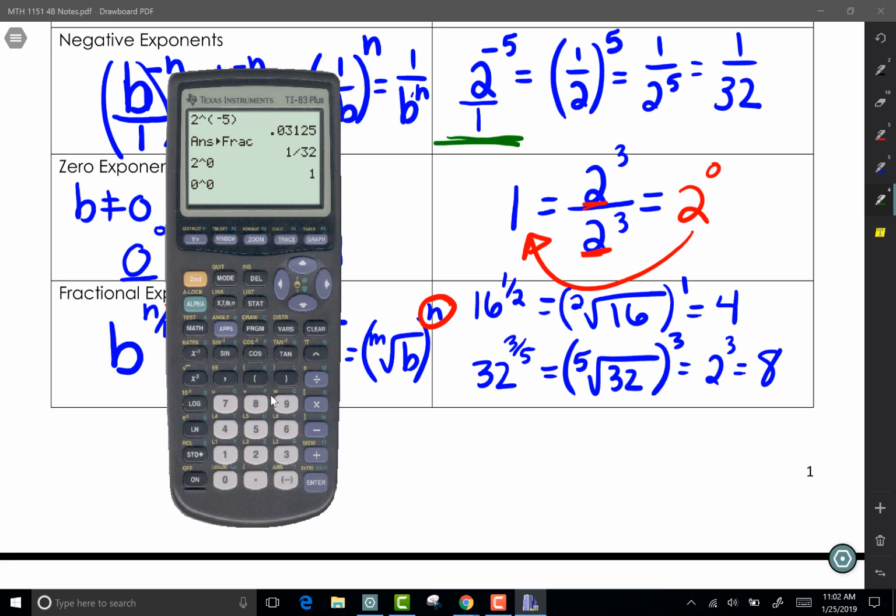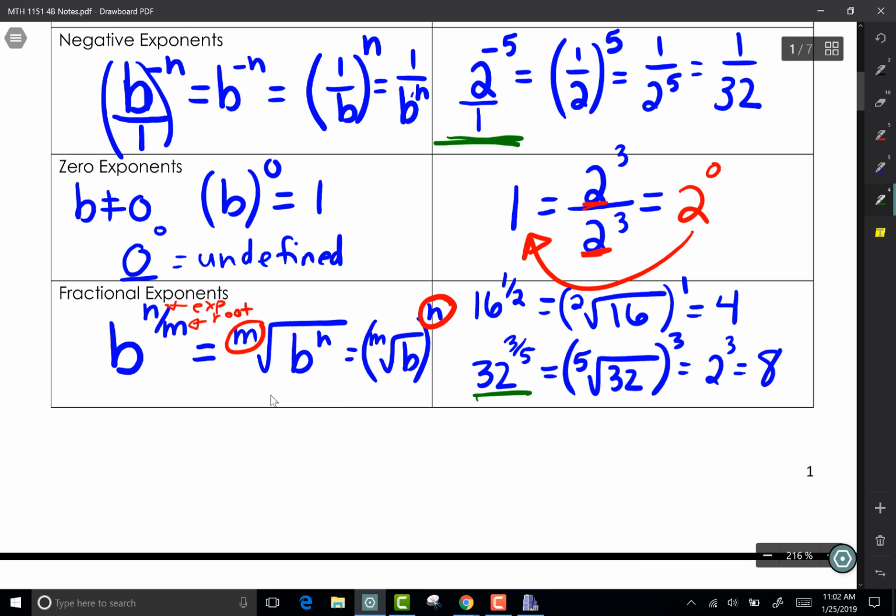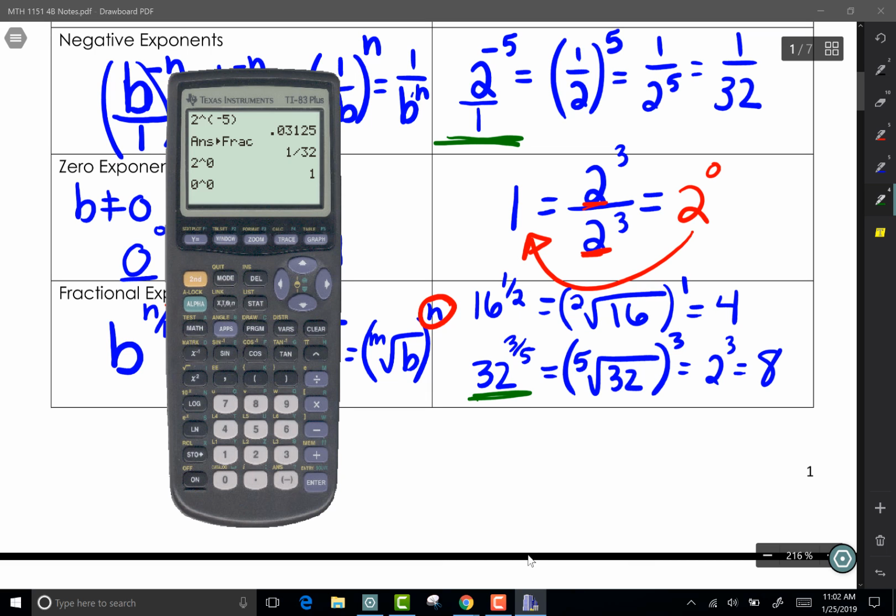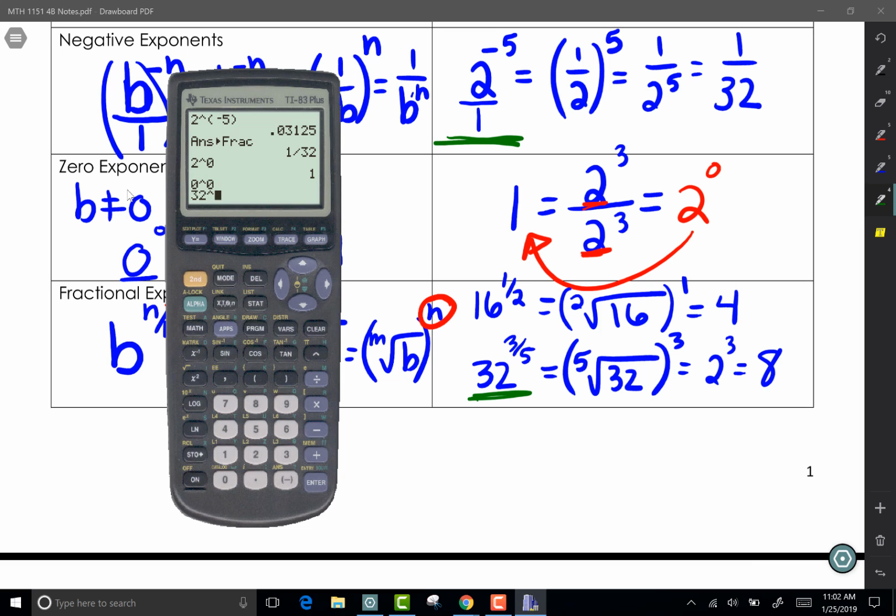Okay, now let's do a fractional exponent. I want to take 32 and raise it to the power of 3/5. That's this example right here. So I'm going to take 32 and raise it to the power, and then I'm going to do 3/5.